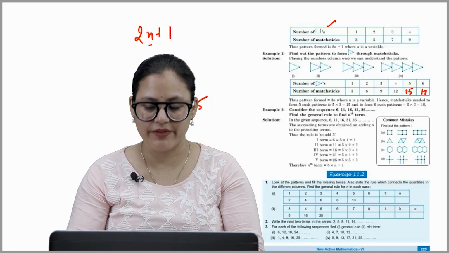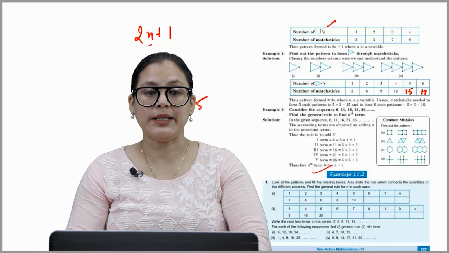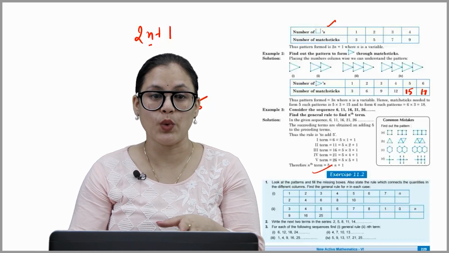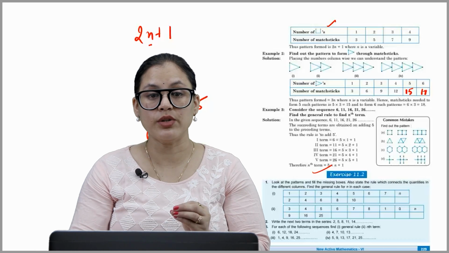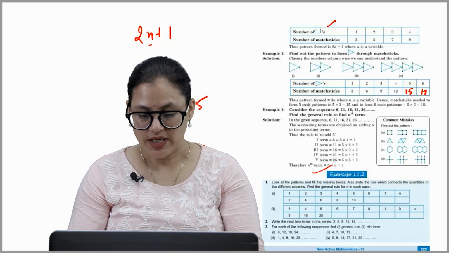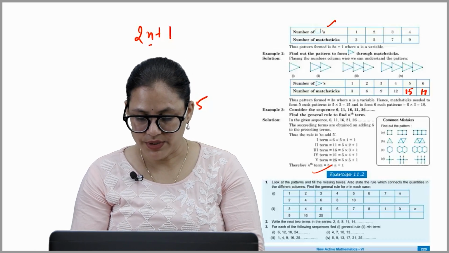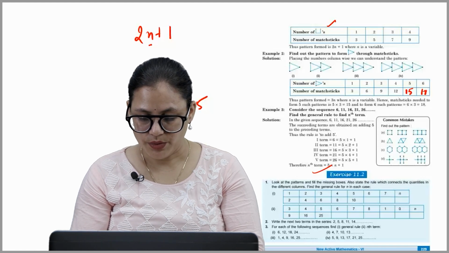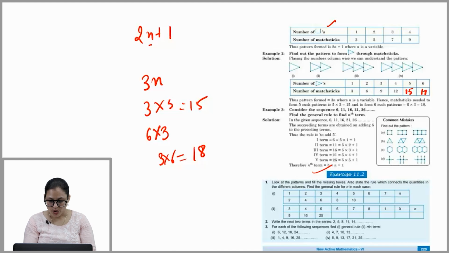Let's do exercise 11.2. Look at the patterns and fill the missing boxes. Also state the rule which connects the quantities in the different columns. Find the general rule for n in each case. See here, numbers are increasing and here what are we getting? 2, 4, 6. So here the rule is 2 into n, right?